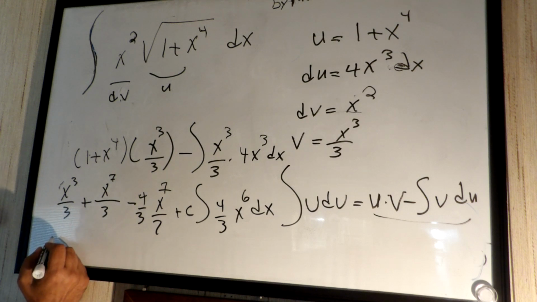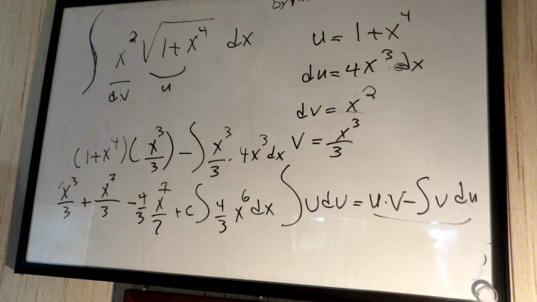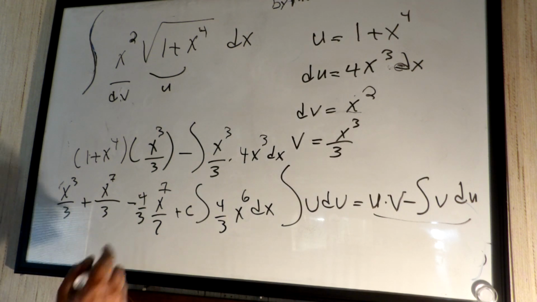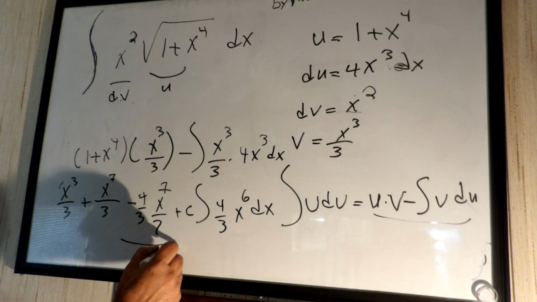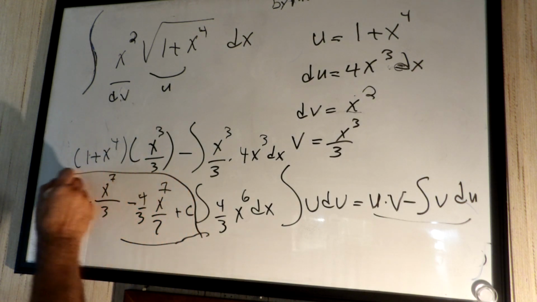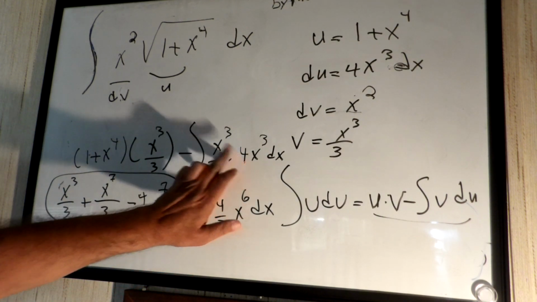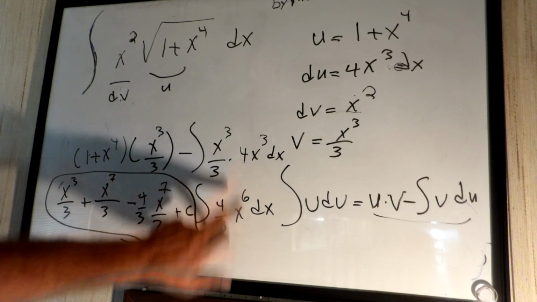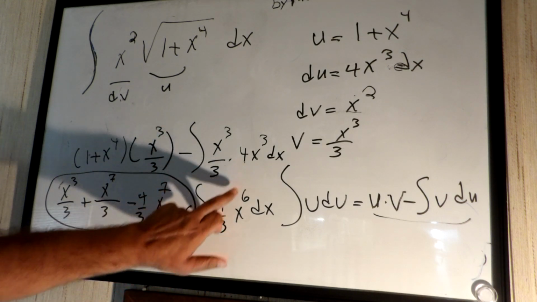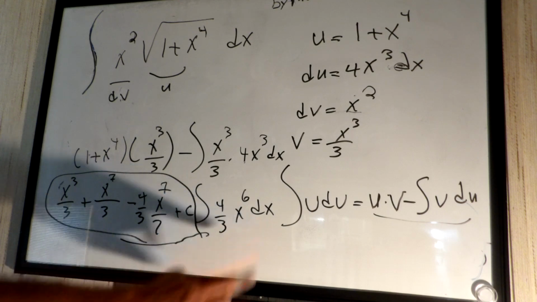Okay, so this is the answer, because we first multiply this one, it's going to be x to the power of 6, 4 over 3 times dx.